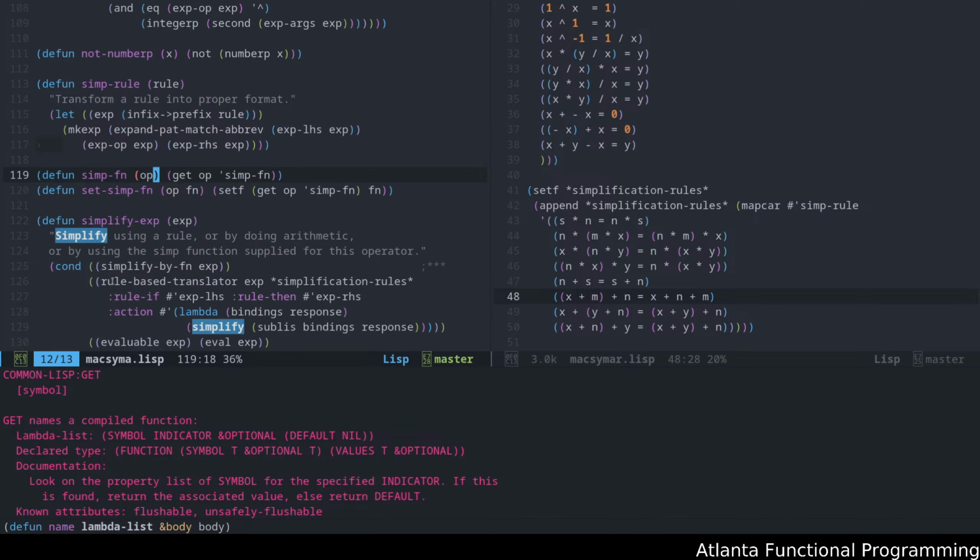But this should be dealing with one thing that it doesn't seem to be dealing with, which the book supposedly mentions. When I was reading this earlier, I thought it was doing it right, but it doesn't look like it is. It isn't able to further simplify 5 times x minus 4 plus 1 times x, even though the book mentions that the basic implementation should be able to simplify that rule.